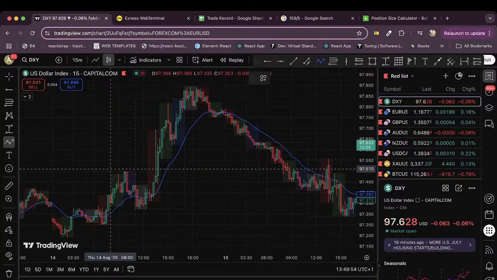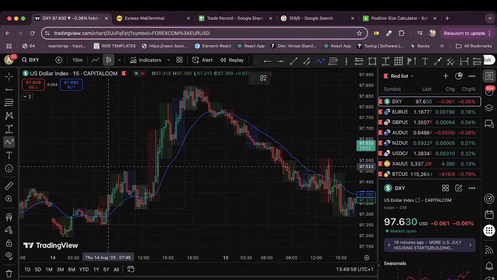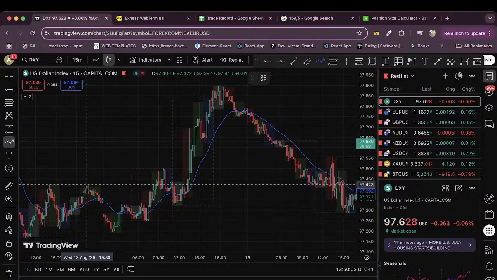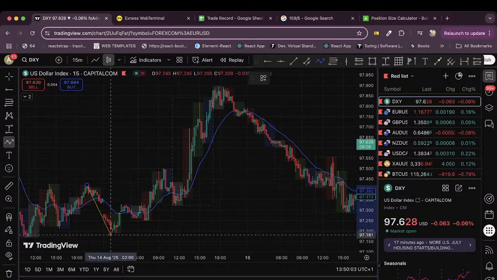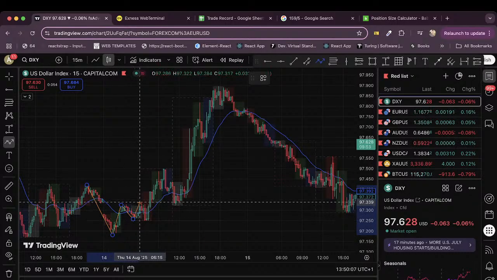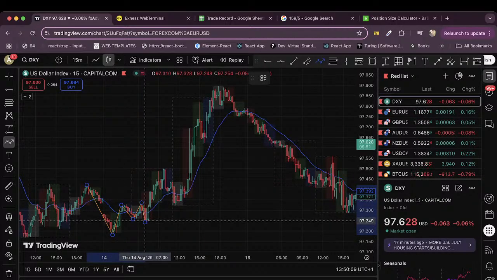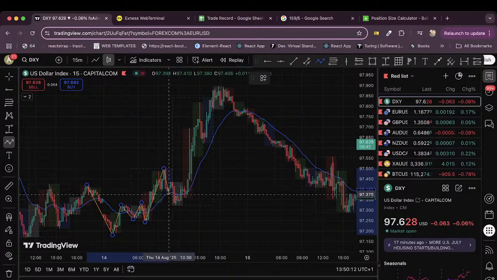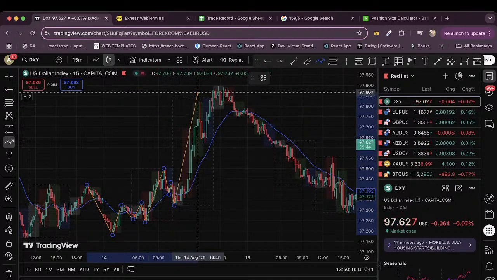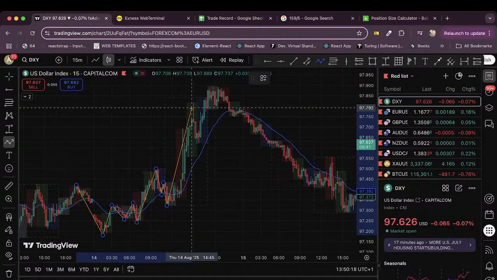So the ideal thing I would say is that, let's just do this. This is speculation. So I'm drawing out the market movements, all the swings that I can see, or rather the obvious ones that I can see.